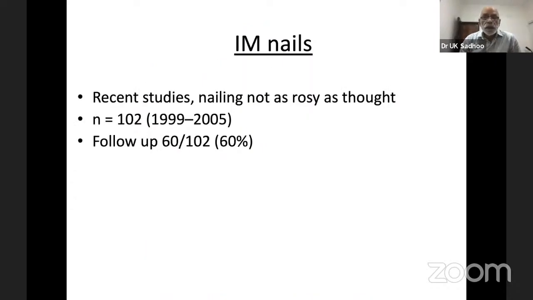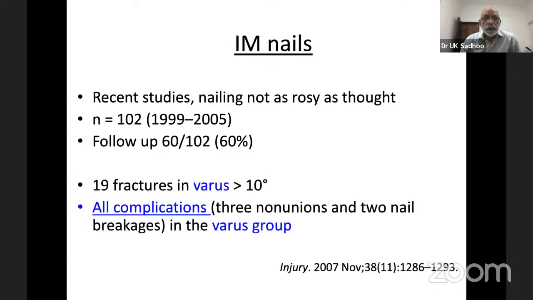Now, even though nails are preferred options, they are not without problems. In one study, it was found that the problem of varus creeps up even in the option of nails, and all the complications are secondary to the varus. So it is not as if nails are immune to varus positions.